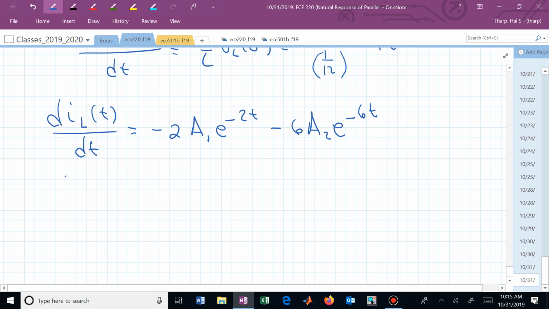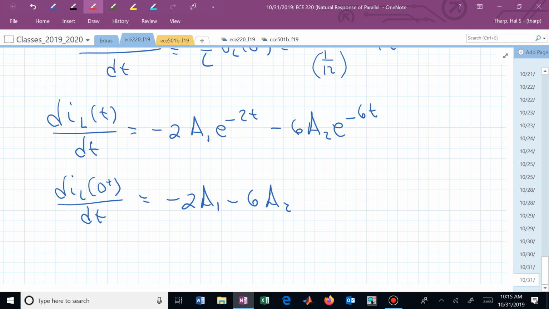And we can evaluate that at 0, and from above, we know that that's equal to 12.